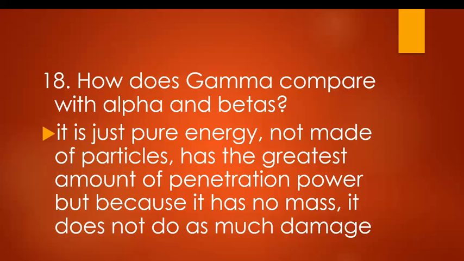So it will go straight through you, but it's microscopic compared to an electron, and an electron is microscopic. It doesn't affect as much stuff. So it'll go straight through you without touching anything, but every once in a while it might touch something, and if it touches it, it wipes it out. It ionizes it.